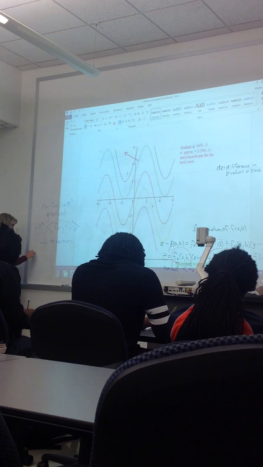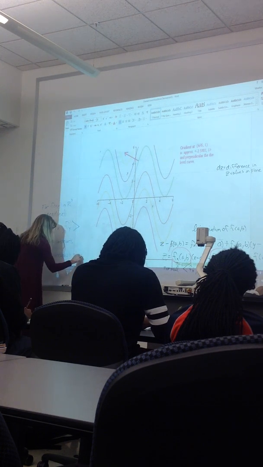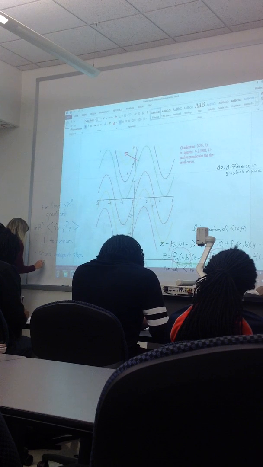It also shows the steepest slope from any particular point.